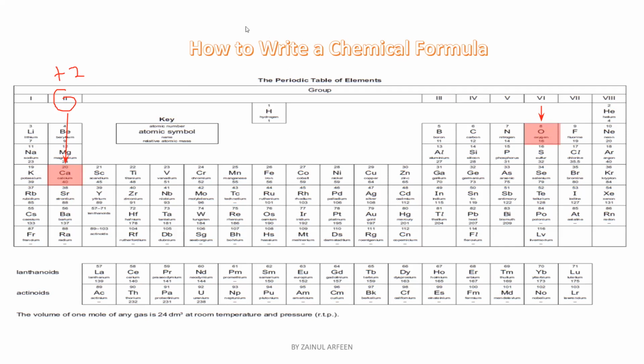Oxygen belongs to group 6. As you can write in sequence, +1, +2, +3, -4, -3, -2, -1, 0. So it appeared that group 6 is having -2.